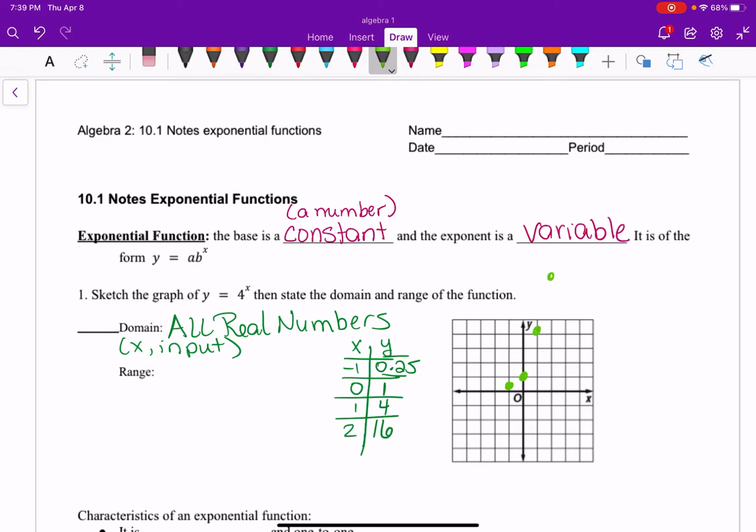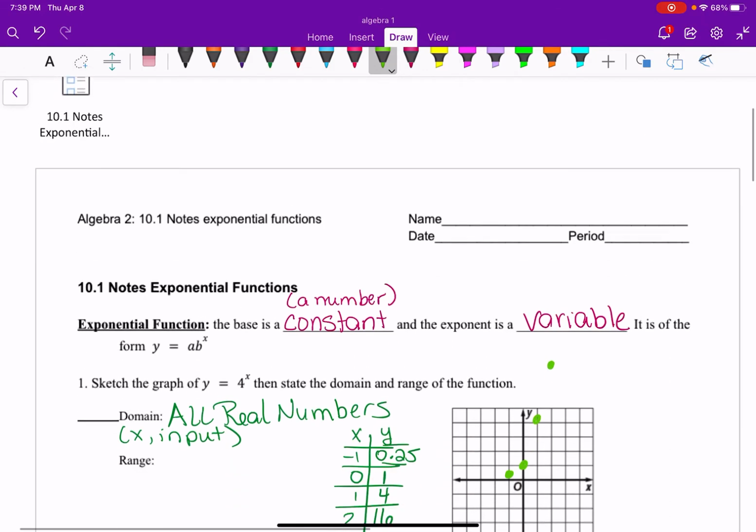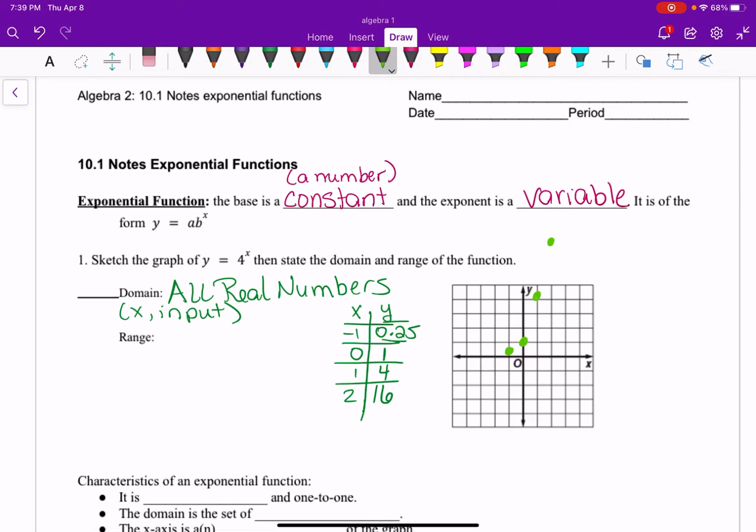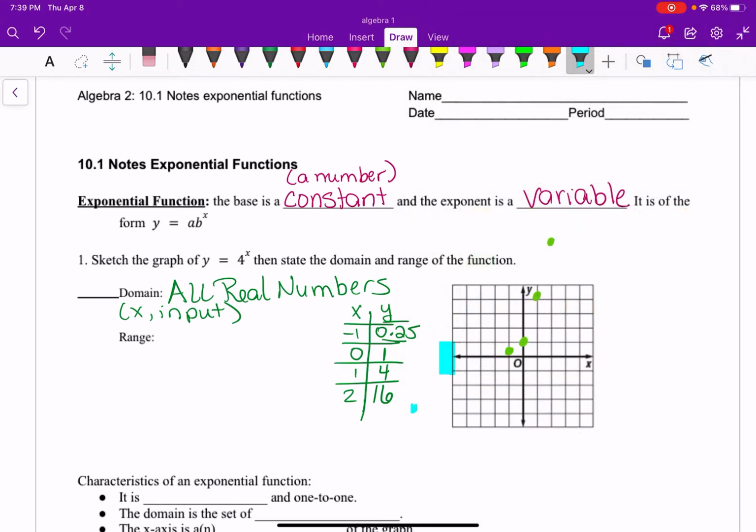Now, if you remember back from Algebra 1, there is always a boundary that it skims along. In this case, the boundary, if you look at this on a graphing calculator, is your x-axis. So your graph is going to look like this.